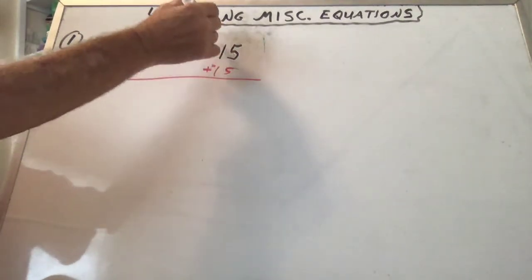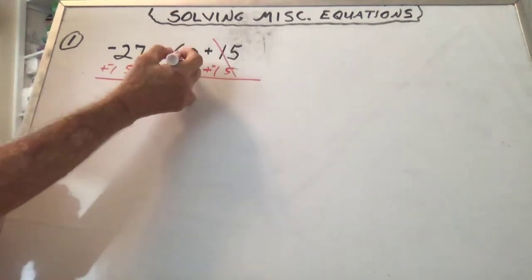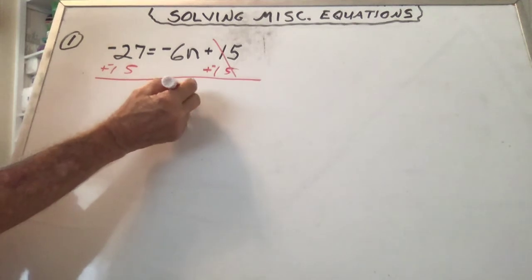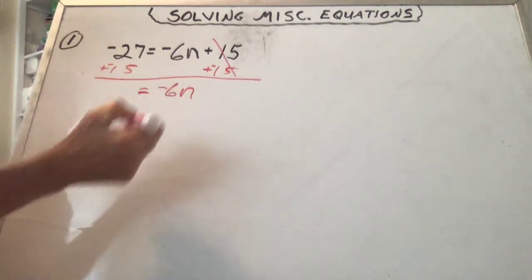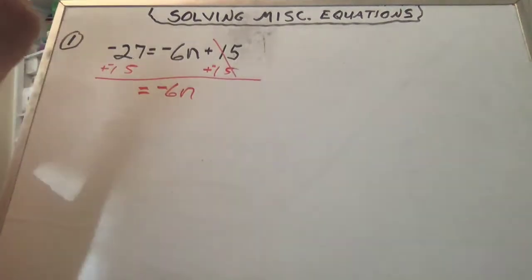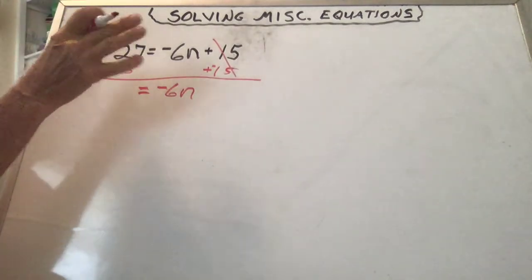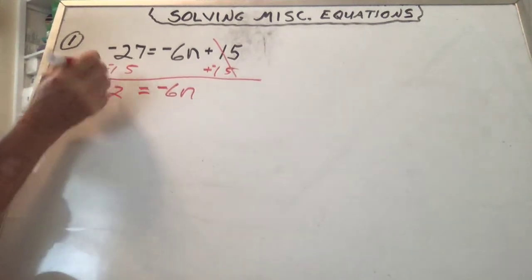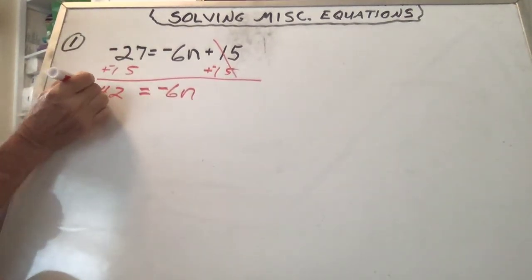So 15 plus negative 15 is 0. That's a good thing. Bring this down. Don't lose your negative sign. That's one thing a lot of students carelessly stumble on. You always have to know positives and negatives. These are both negative, so you add them together. You get 42, but adding two negatives, it's still negative.